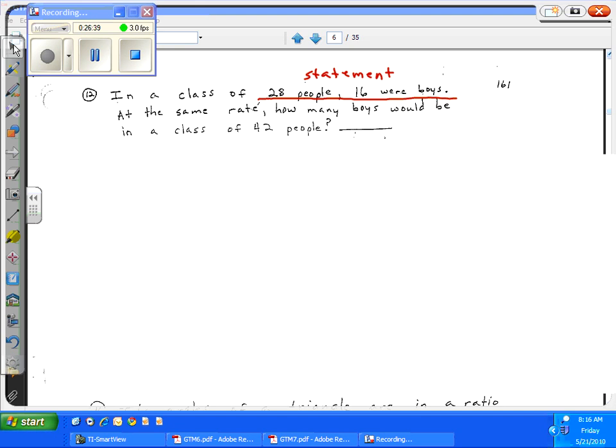We would have called that the statement ratio because they gave us both pieces of it. And then it says at the same rate, how many boys would be in a class of 42 people? And so they've asked us a question, and so we have a question ratio. So we have two comparisons. One's a statement, one's a question. And here's how we lined it up in algebra class.